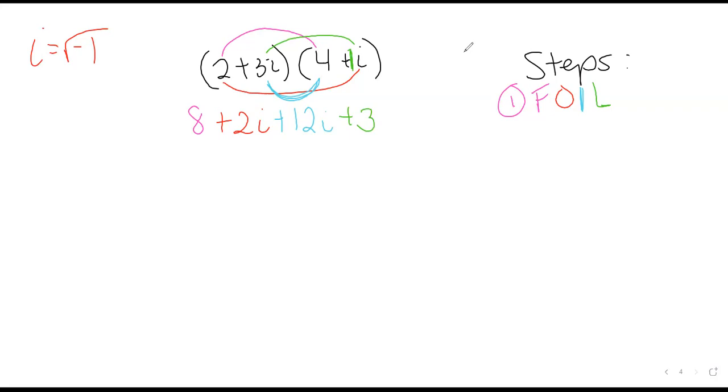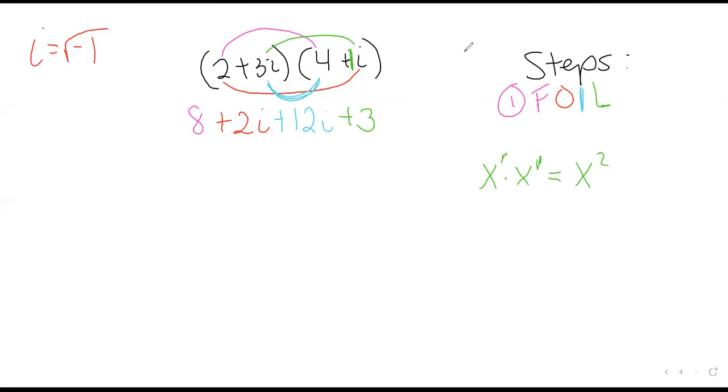But now the key is whenever I multiply two of the same variables. So if I have an x times x, what does that equal? X squared. Remember, when I multiply, I'm going to add the exponents.